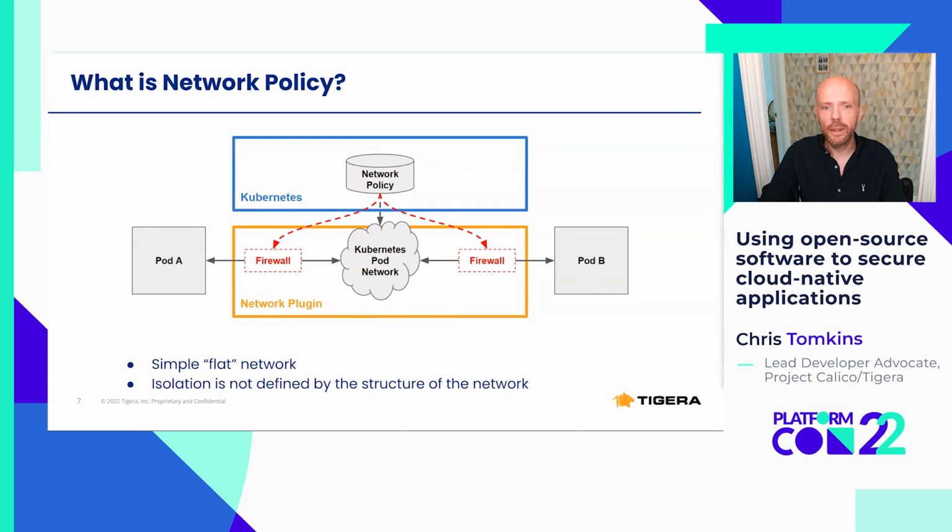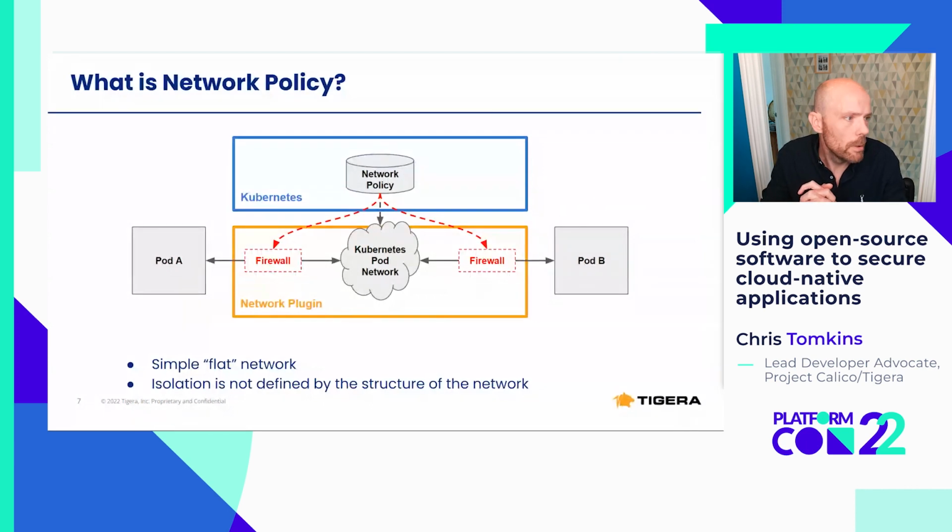Usually that means that the policy will be deployed on the nodes spread out throughout the whole cluster. And that's great because it means that things will scale very far. Isolation is not defined by the structure of the network, it's defined by network policy, and that's implemented by the CNI. Remember, not all CNIs implement network policy.